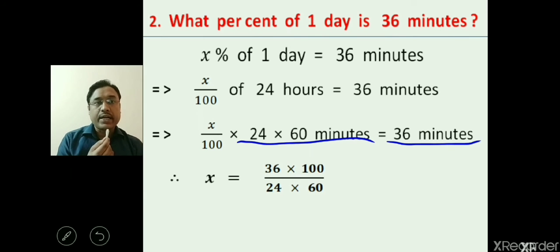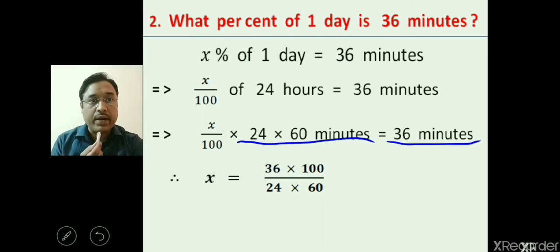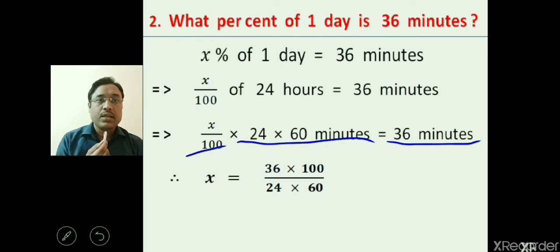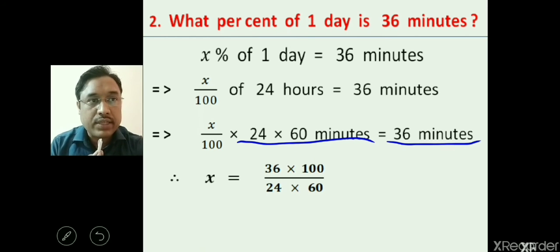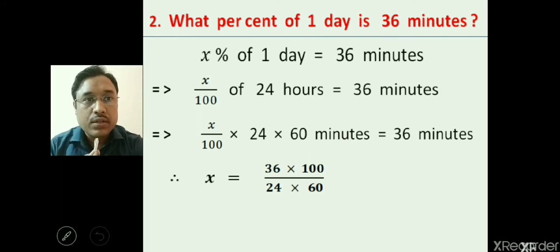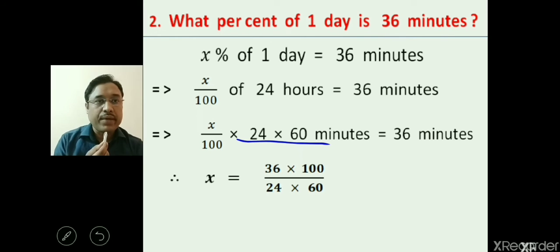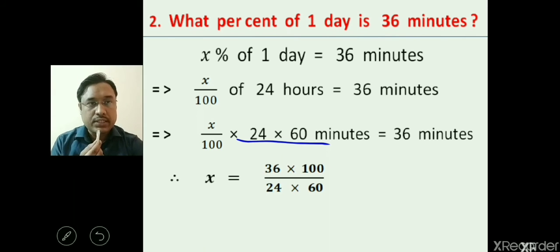So you will get x equals 36 into 100, because this 100 is dividing on the LHS, so on that side it will multiply. Now 24 and 60 are multiplying on this side, so on the other side they will divide. So you will get x equals 36 into 100 by 24 into 60.